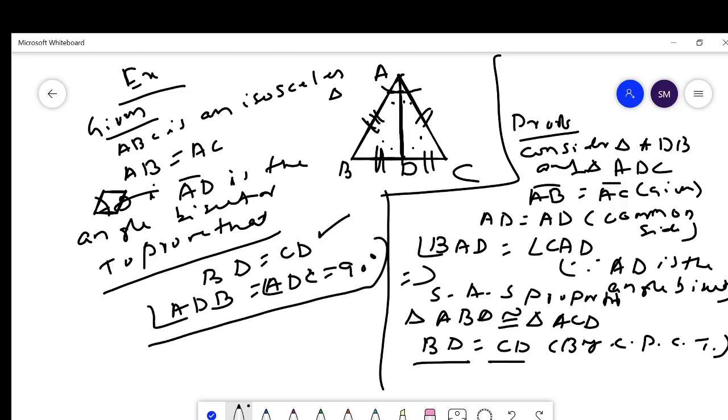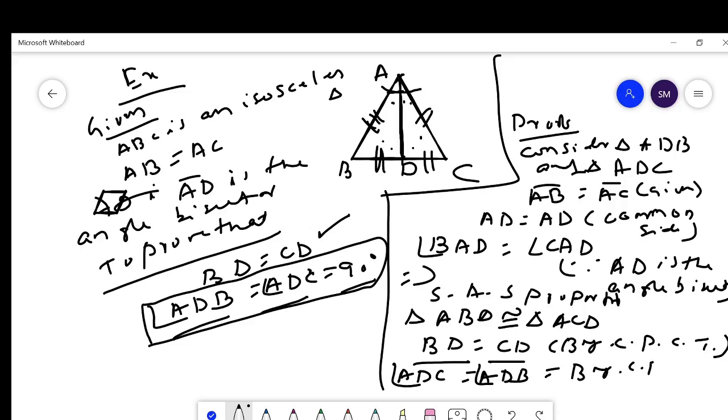Second condition: we have to prove that they bisect at right angle, meaning this angle is equal to this angle is 90 degrees. Here angle ADC is equal to angle ADB by CPCT, corresponding parts of congruent triangles, as these two triangles are congruent.